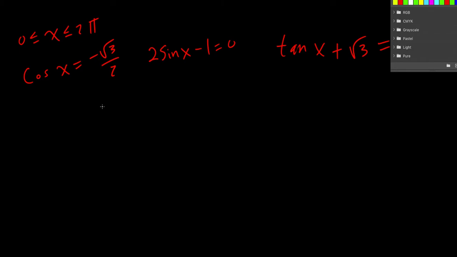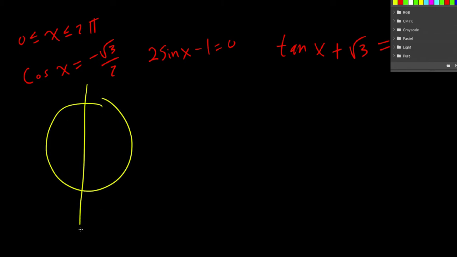So what we're going to do on this first one, draw our unit circle, and we have negative square root of 3 over 2. Now what we want to do is look at our tick marks that we have memorized, hopefully, and this is square root of 3 over 2 comma 1/2.